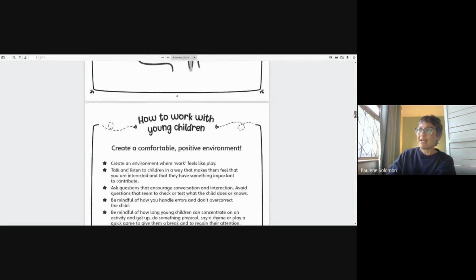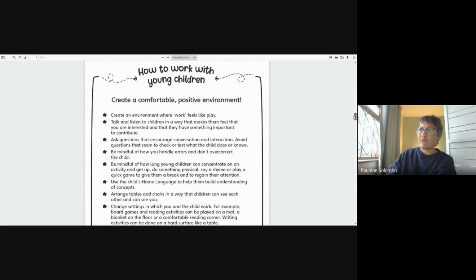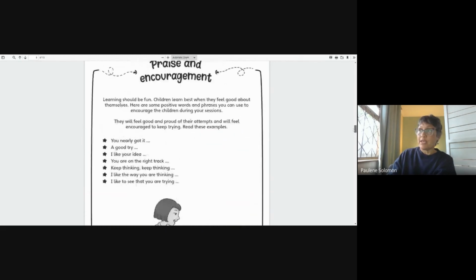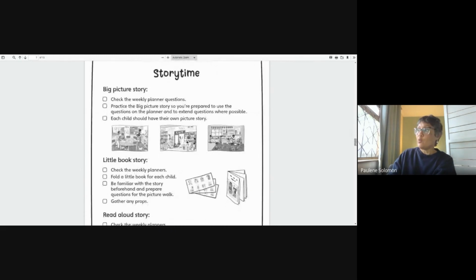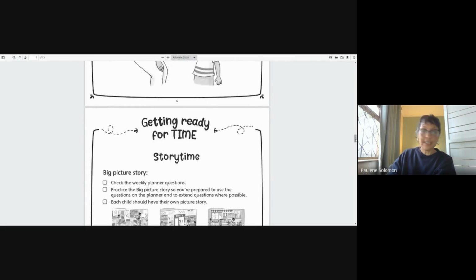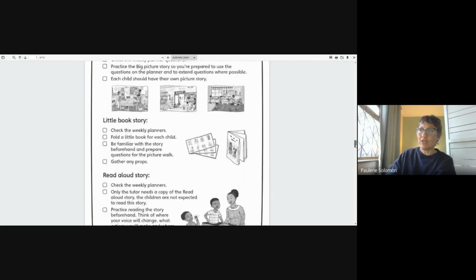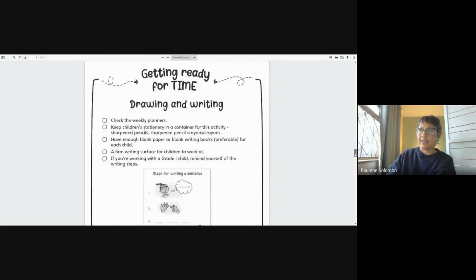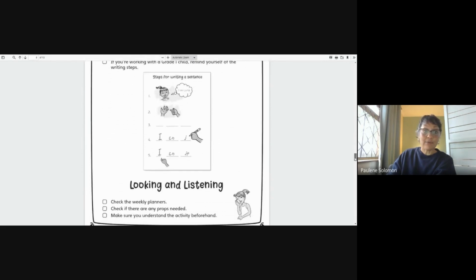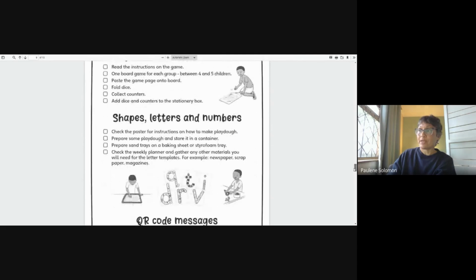So there's a lot of background information. There's some information how you can work with young children. We're going to talk about some of those tips today. And then we've allocated a few pages just giving you some tips on how to get ready for every activity. And like I said, we're going to take some of these tips out today, right?